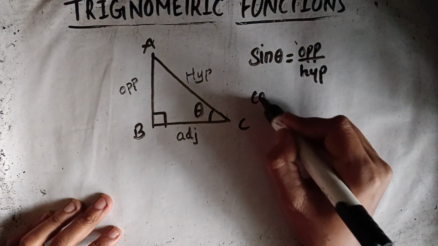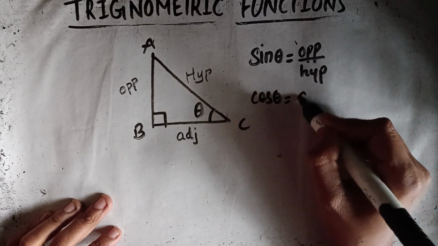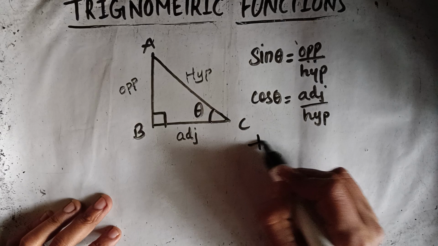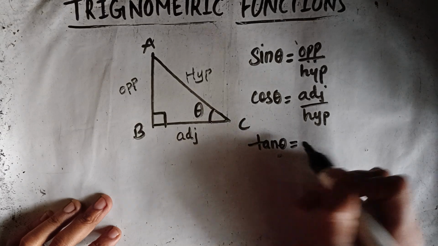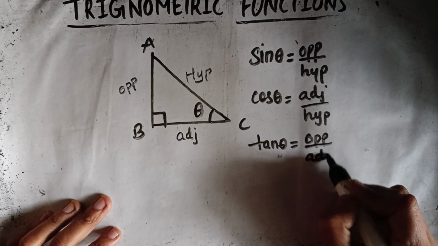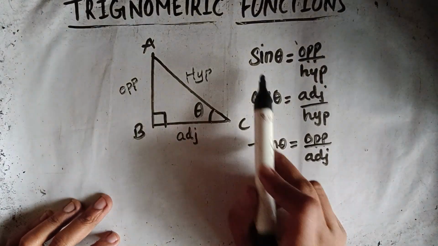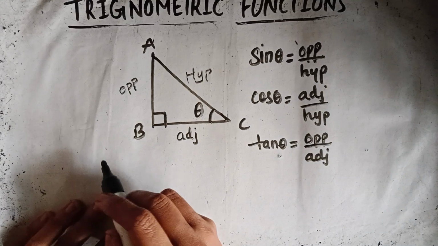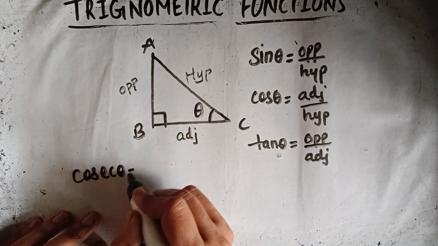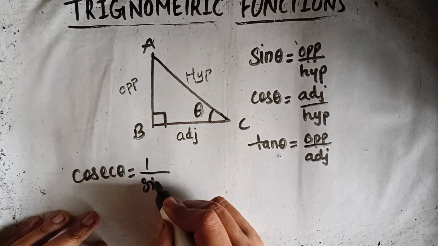What about cos? Adjacent upon hypotenuse. Tan is opposite upon adjacent.